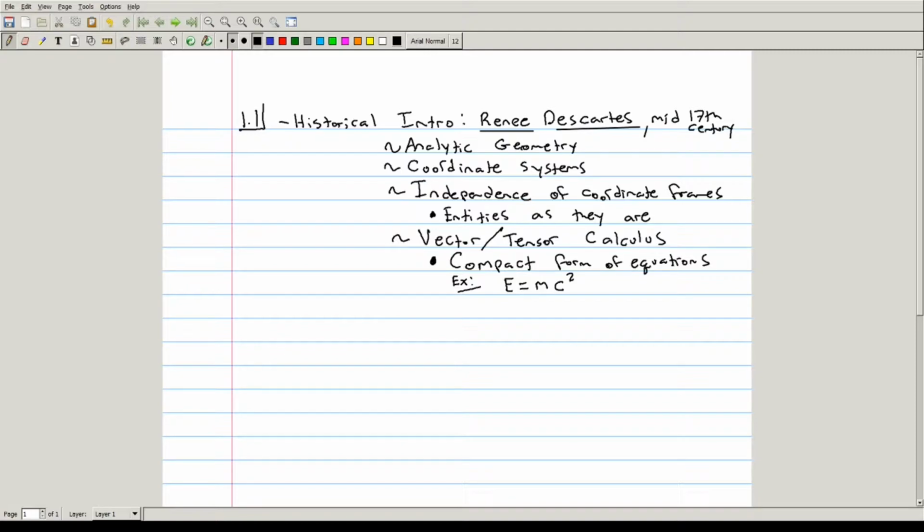And this can be rigorously investigated and shown using this vector tensor concept and using Einstein's general theory and special theories of relativity. These, by the way, are a very, very shining example of the power of vector tensor calculus.